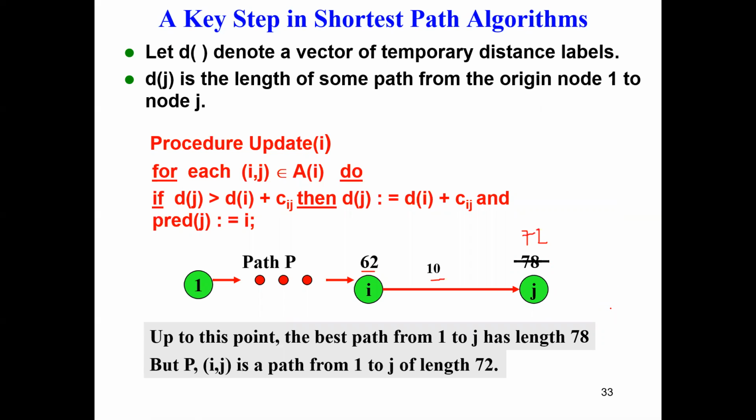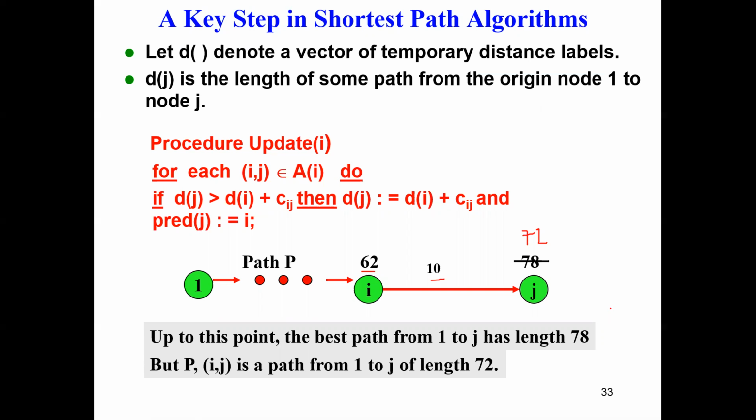So what is the procedure to update? This is the pseudocode. You're going to look at each arc and check the distance. If the distance to j is greater than the distance d_i plus c_ij, then d_j is going to be equal to d_i plus c_ij, and the predecessor will be the new node.